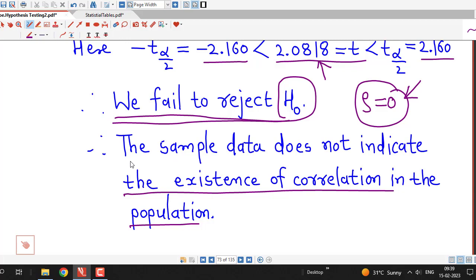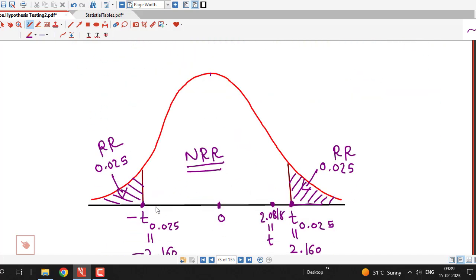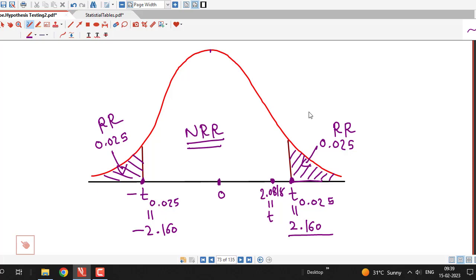So therefore we can write our conclusion or answer in this way: the sample data does not indicate the existence of correlation in the population, or in simple words, the sample data does not indicate that population correlation coefficient is non-zero. This figure is just for understanding.